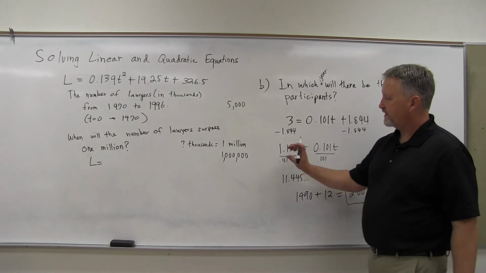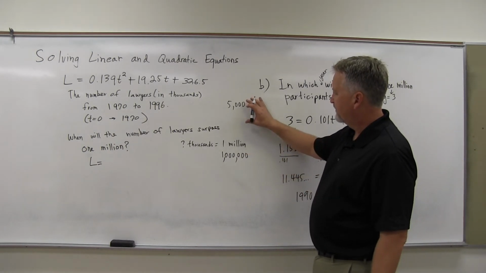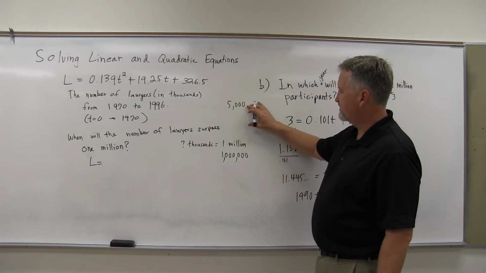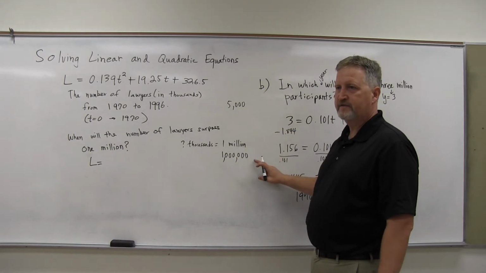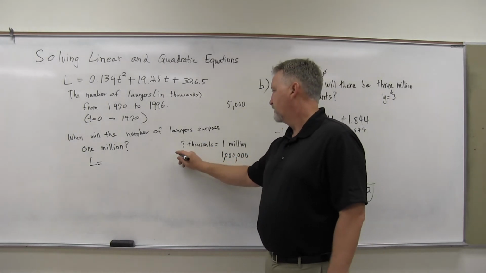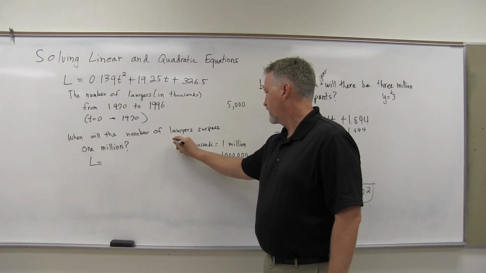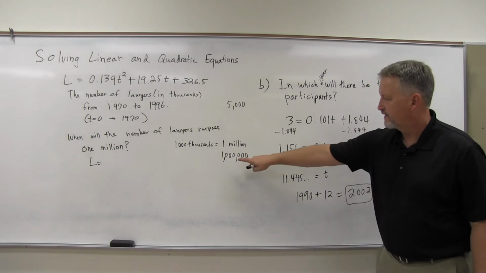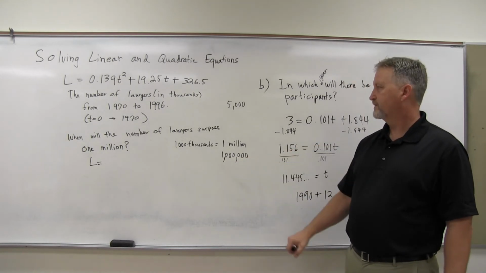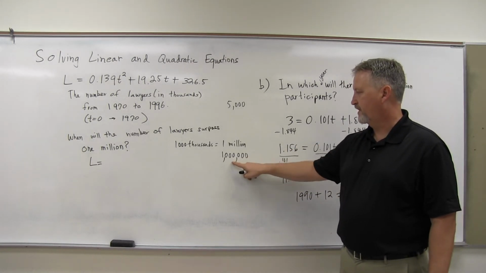If you think of it the same way as the 5,000, that's 5 times 1,000, wouldn't this be 1,000 times 1,000? So 1 million is 1,000 thousands. Because this is the thousands part, so you've got 1,000 and 1,000.